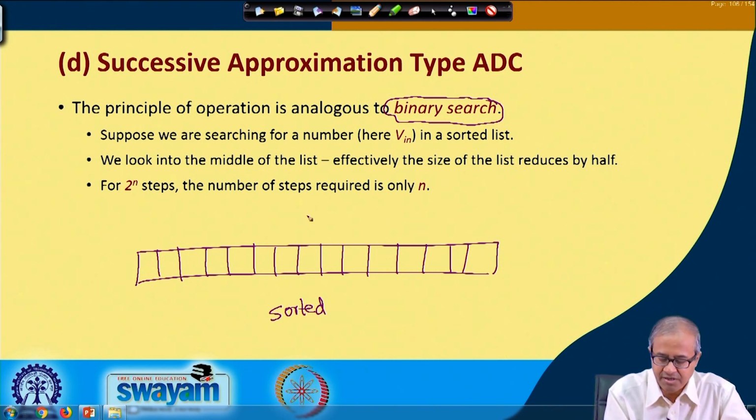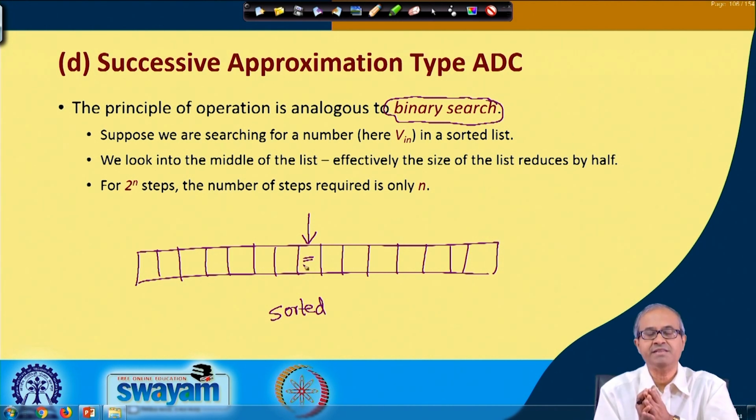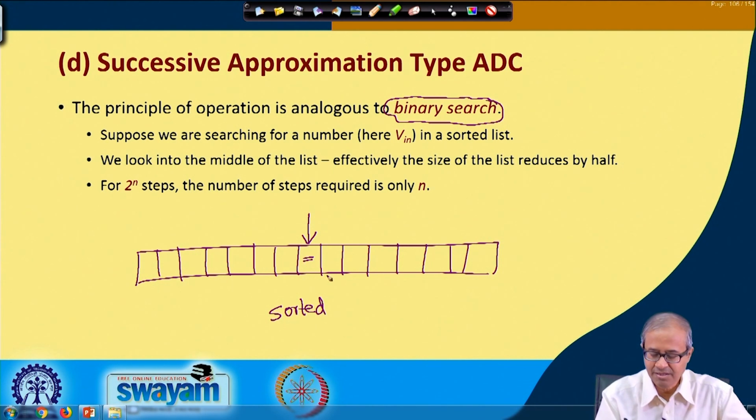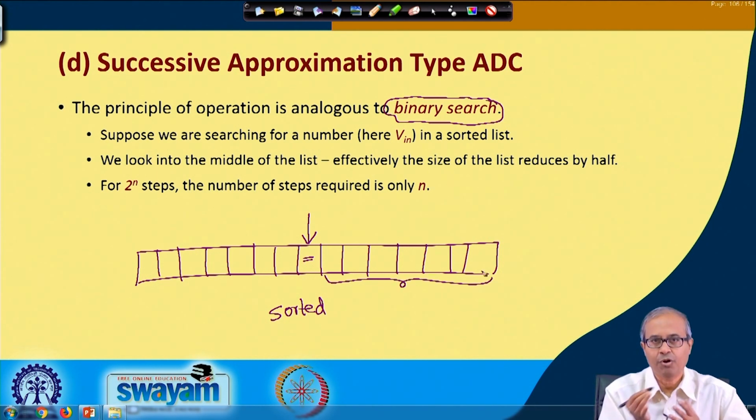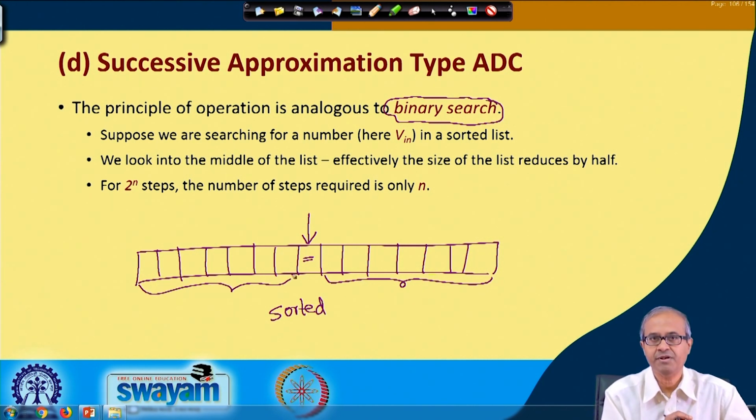I can start with the middle of the array. I compare whether the middle element is less than or greater than the element I want to search. If I find the middle element is less than that, it means my element must be on the right hand side, or if it is the other way around, then it must be on the left hand side.